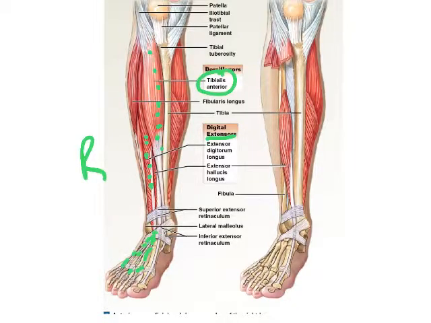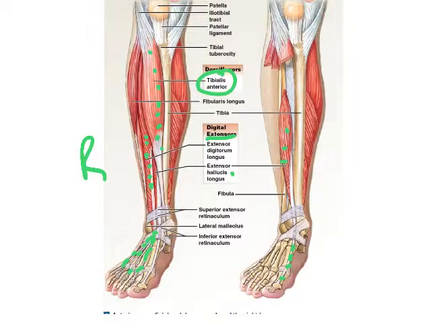And then you have extensor hallucis longus, just another muscle that specifically attaches to the toe and moves the great toe. Just like we had special muscles for the thumb, you have special muscles for just the great toe. So extensor digitorum longus for toes 2 through 5, and extensor hallucis longus for the great toe. And they're all going to do dorsiflexion of those toes.